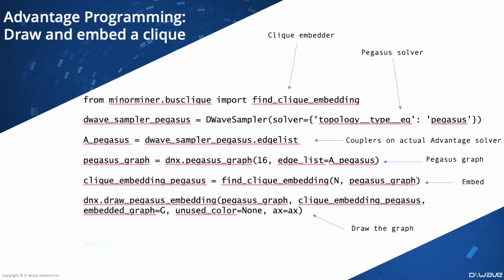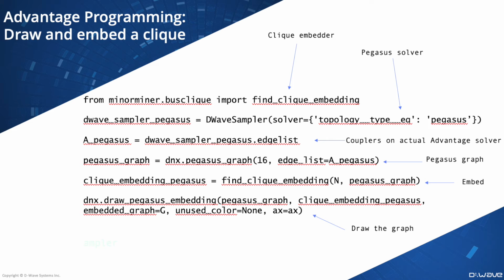We're calling for the Pegasus solver, and then we're going to get a list of the couplers on the actual Advantage solver, and then we're going to get a Pegasus graph, in this case a P16, using the edge list, and we're going to find a clique embedding based on that actual Pegasus graph.